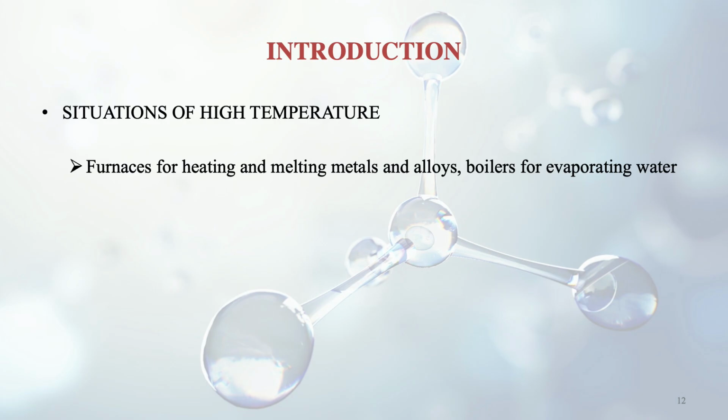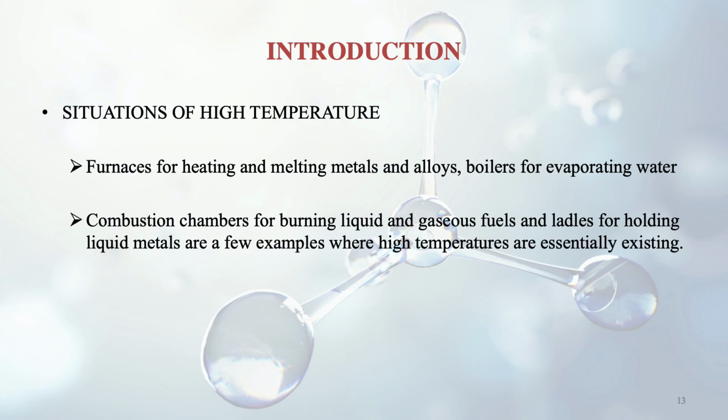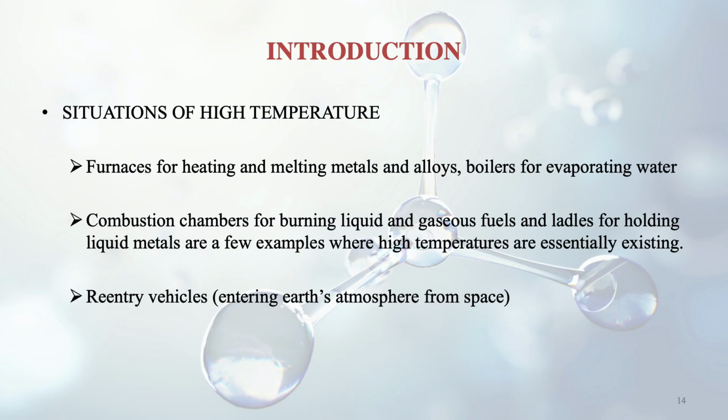All these are high temperature applications. Others are combustion chambers for burning liquid and gaseous fuels, and ladles for holding liquid metals, which we have learnt earlier also. And the re-entry vehicles, like the space shuttles which go into space, and when they are returning you must have seen them. These are called re-entry vehicles, and there is a very high temperature in the upper part of the atmosphere. All these are high temperature applications.